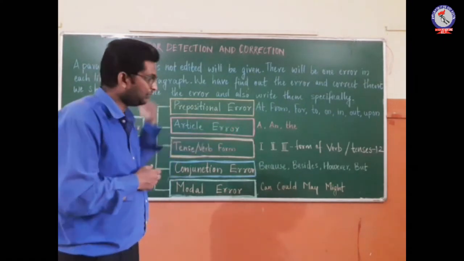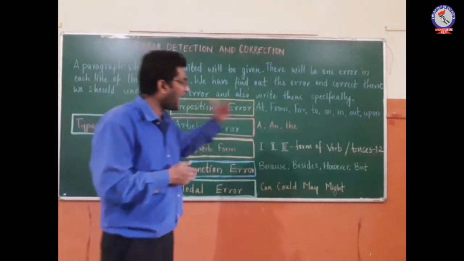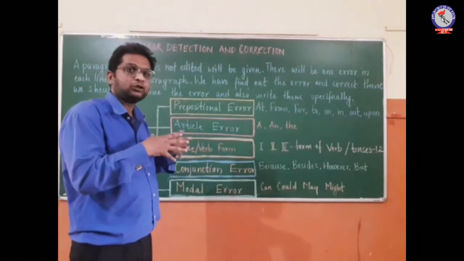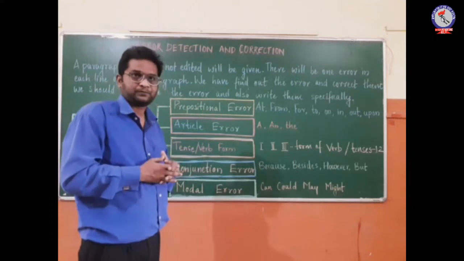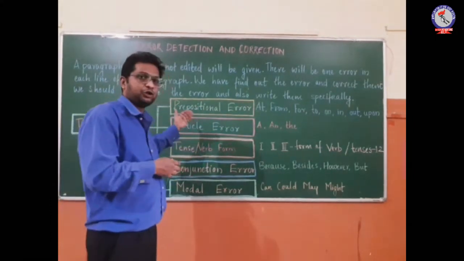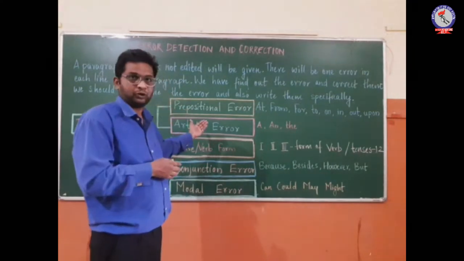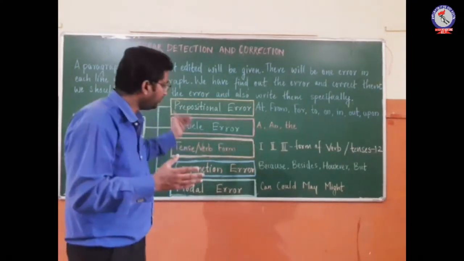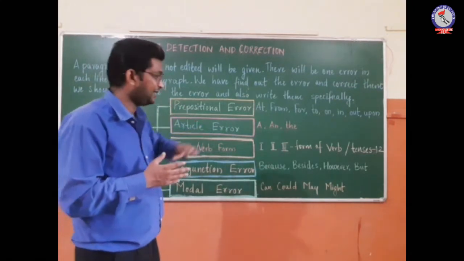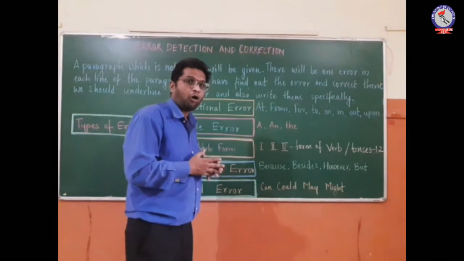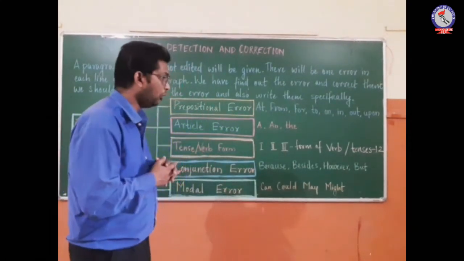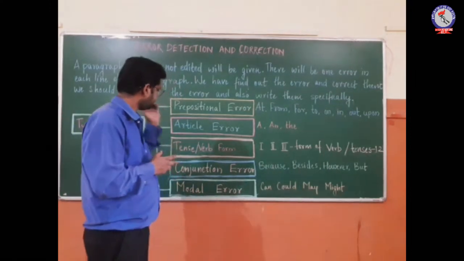Suppose you come across a used with consonant sound producing words. Now, if you know the utility and the usage of articles, you are well acquainted with articles, then you can easily find out or detect the error. Let's move on to the next.